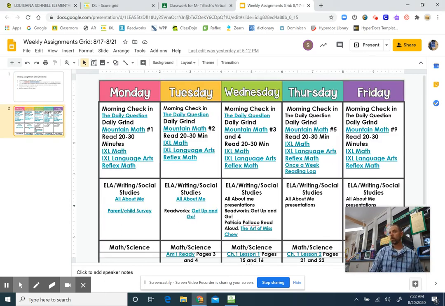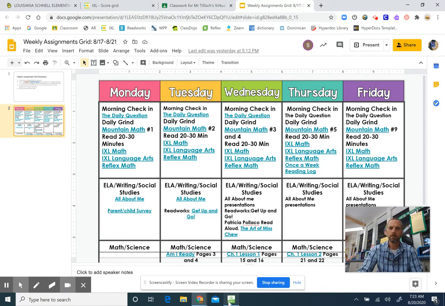All right, we are going to be looking at Mountain Math problem number 5 and number 9. This tutorial actually is just going to cover number 5. I'm looking over here on Thursday and I see that that's exactly what we need to be working on, Mountain Math number 5.